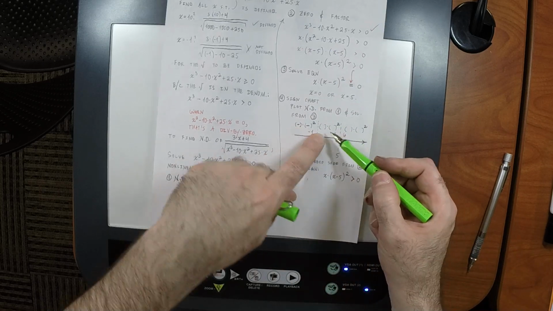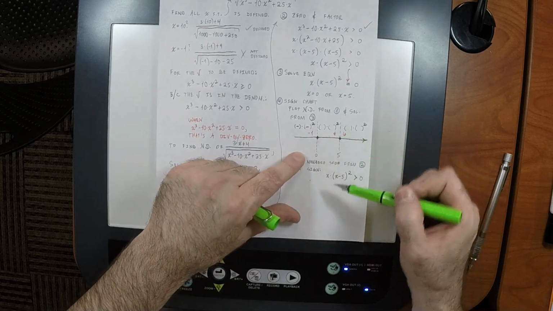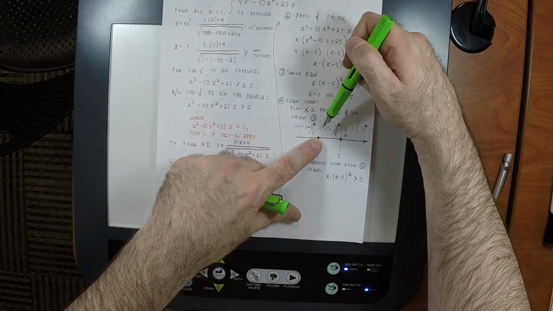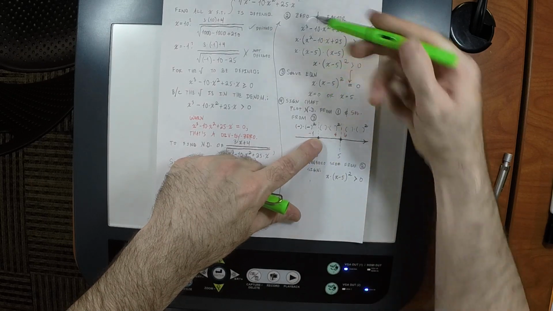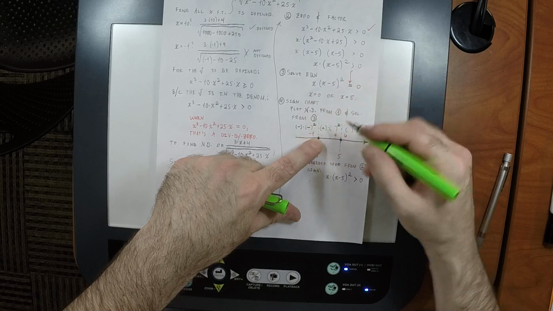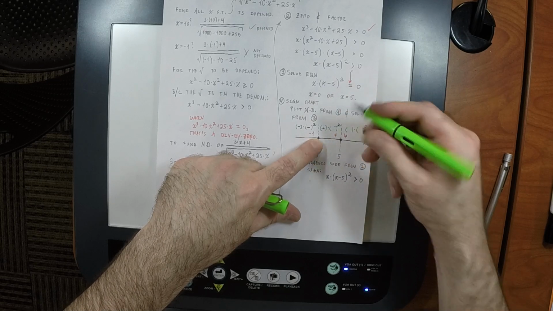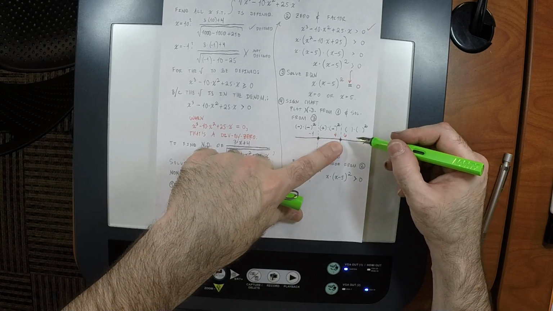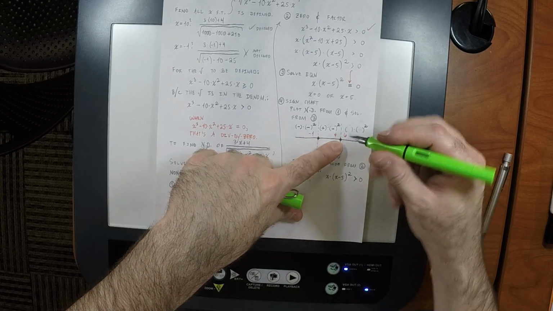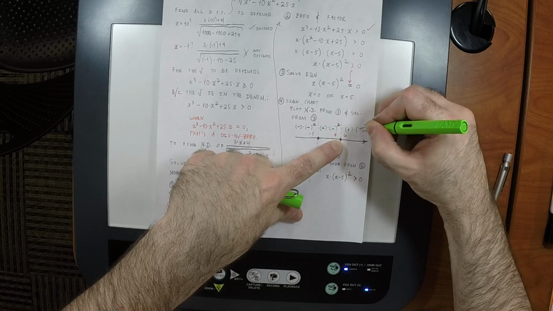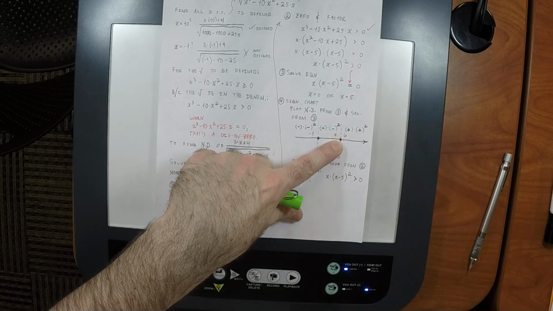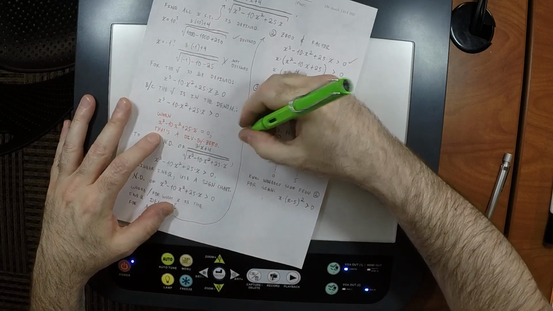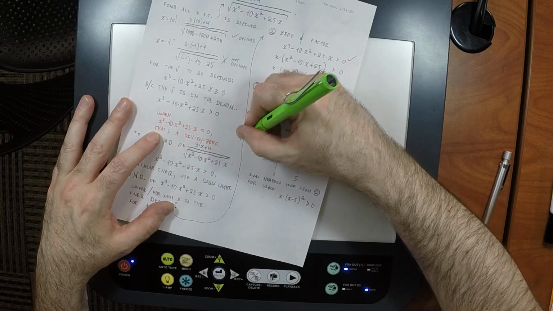How about in the middle region? What's the pattern that we get if we plug in 4? This one would be positive, right? And how about this one? Negative. And then if we plug in 6, positive and positive, right? So this right here is the sign pattern.